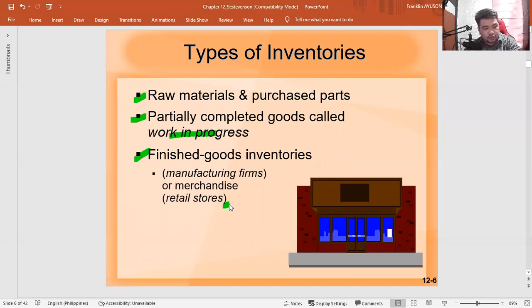These are for a retail store, or for a manufacturing or merchandising company. So it really depends on the type of organization and the type of processes in the organization on the type of inventory that we hold.